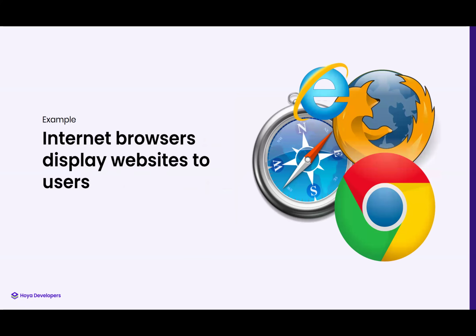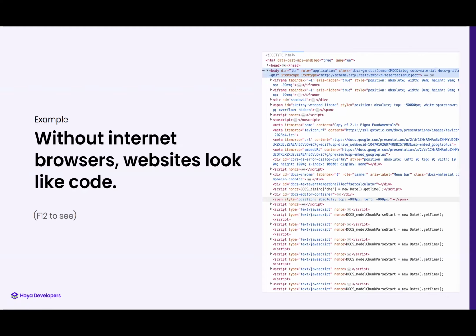Basically, Chrome or Safari or Firefox, any of these that are on the screen, and there are a ton more, all internet browsers do is allow you to open and view website files. So similar to a PDF or a docx, they are just website files. But what does that mean?